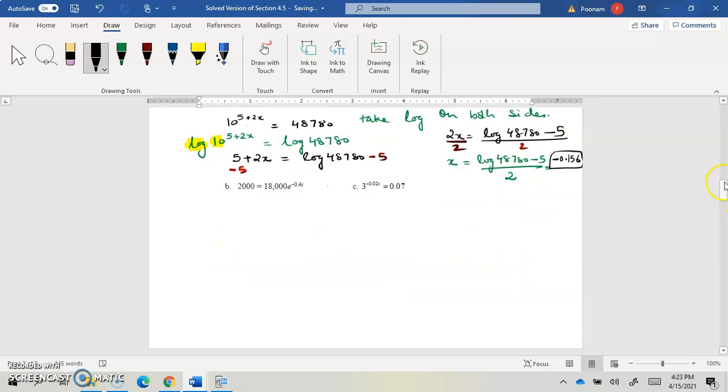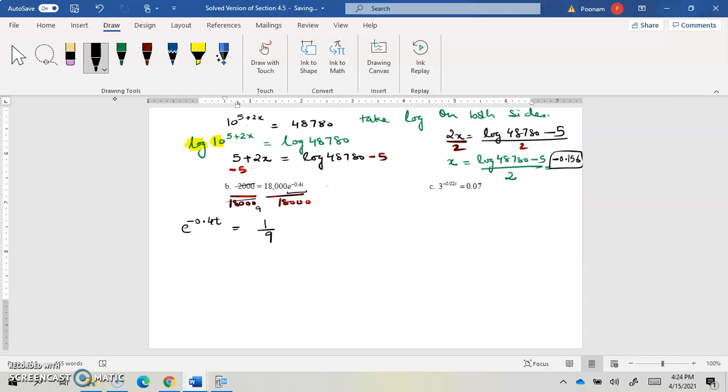Here we have part B. Again, isolate the exponential. The exponential is this portion here. To isolate, I'm going to divide by 18,000 on both sides. So I have e raised to power negative 0.4t is equal to 1 by 9. Now, I have isolated the exponential.